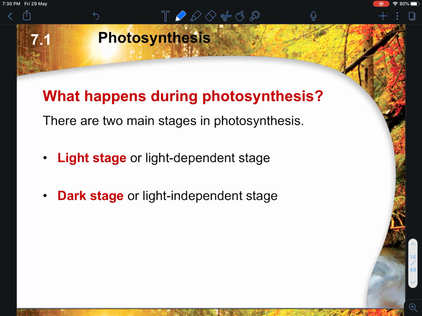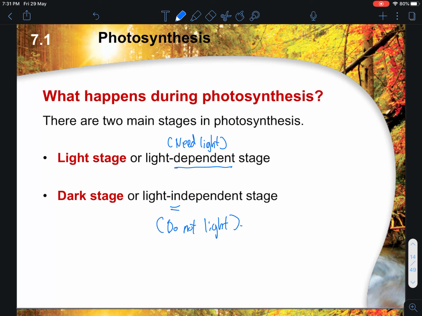Now photosynthesis can be broken down into two main stages: your light dependent stage and your light independent stage. Light dependent means you use light, you need light. Like you are dependent on something. Generally when you are dependent on something, that means you need that thing. On the other hand, light independent means you do not need it. You are not dependent on the variable, and in this case we are talking about light.